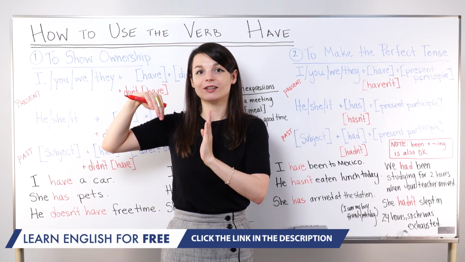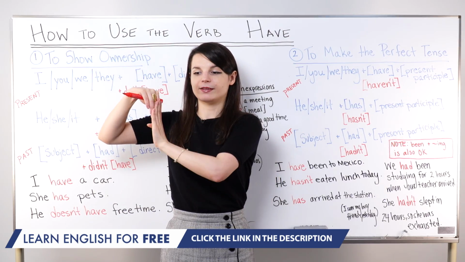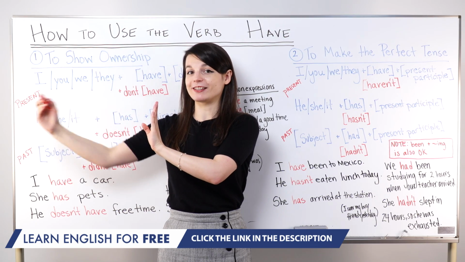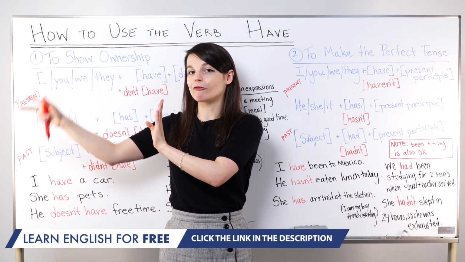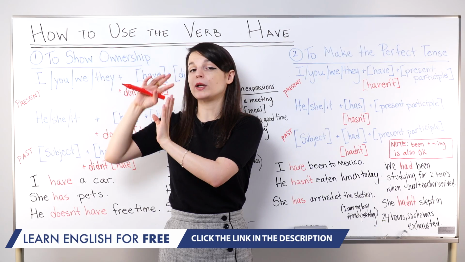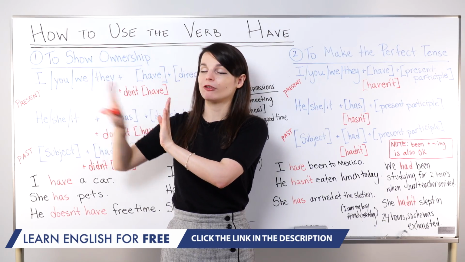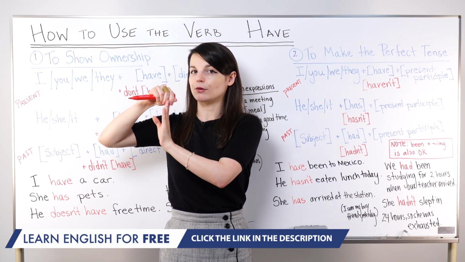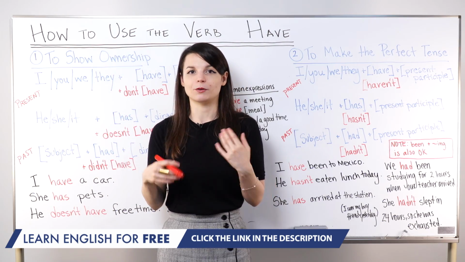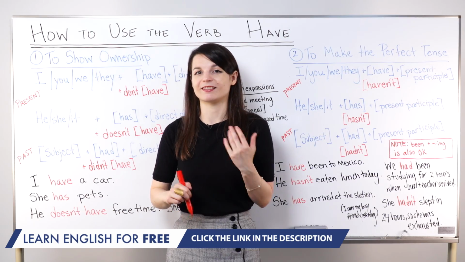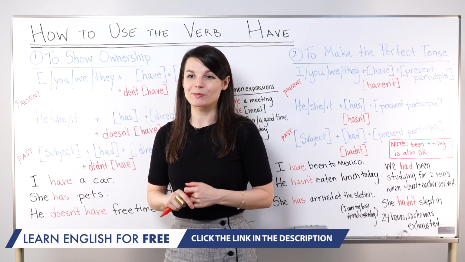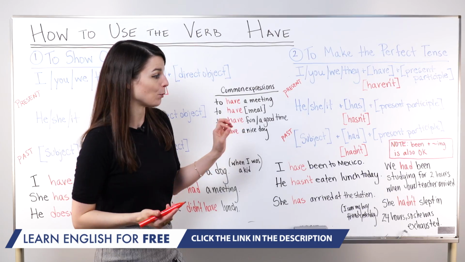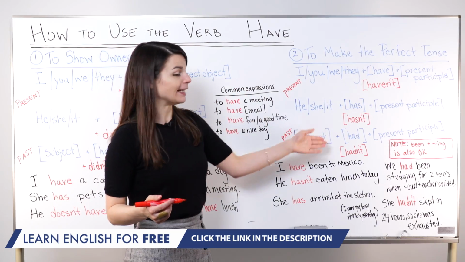So we're talking now. If this is the present, this is when I saw my friend. This is my friend's experience. This came before this experience. So when you want to talk about something further in the past, use past perfect tense, then simple past tense to do that. So we show sequences of events. This is a little bit more of an advanced grammar point. But this is another way that we use had and hadn't.